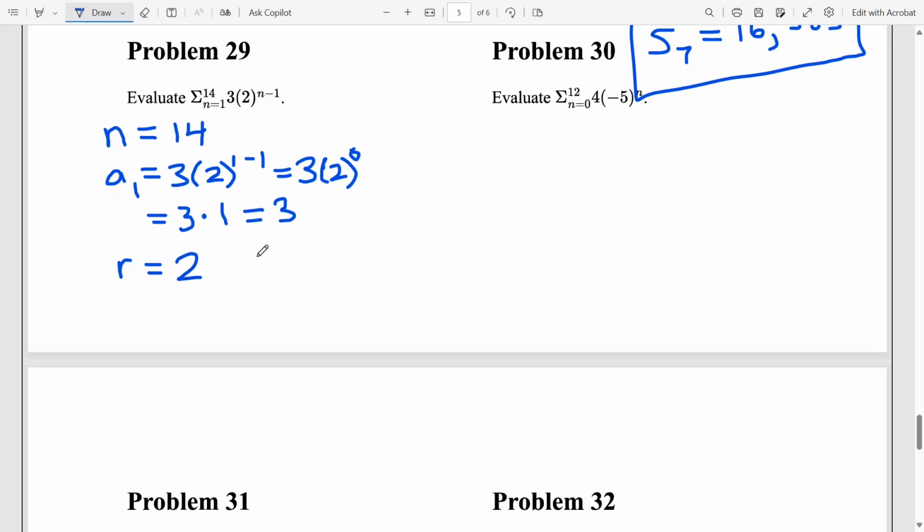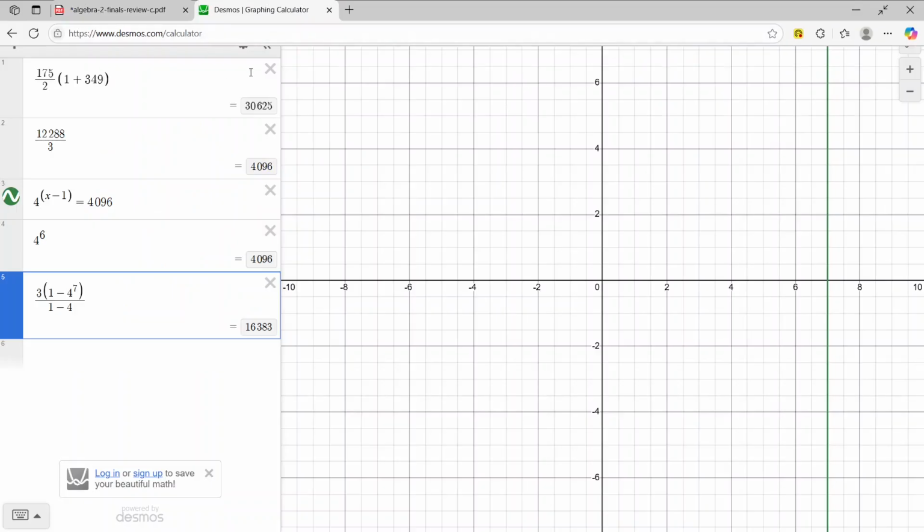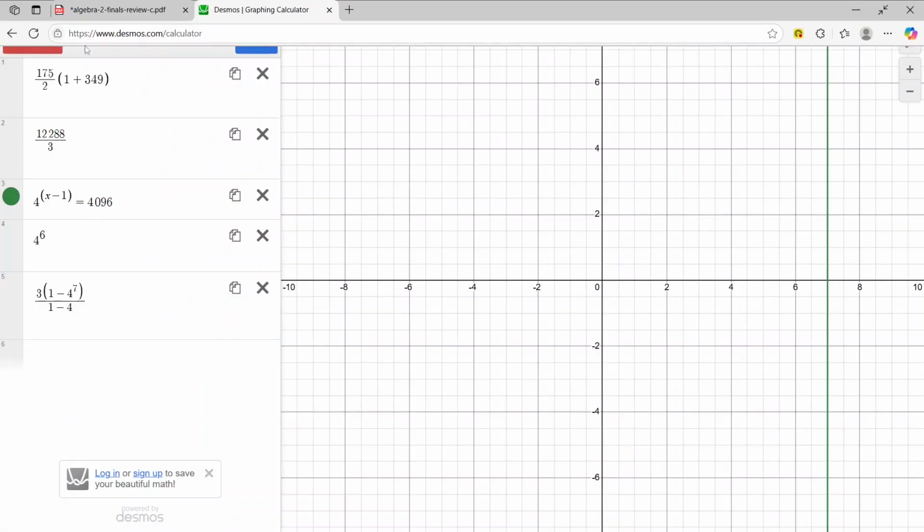And now we can say that the sum of the 14 terms equals the first term, 3, times 1 minus common ratio 2 to the 14th power, the number of terms, over 1 minus the common ratio 2. All right, so we'll go to Desmos now, and let's delete all this stuff.